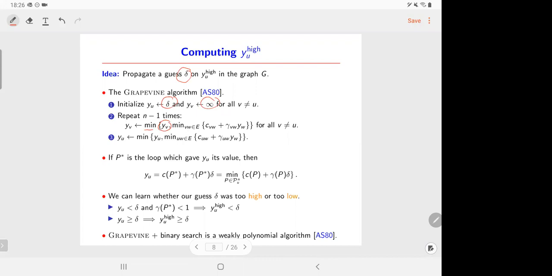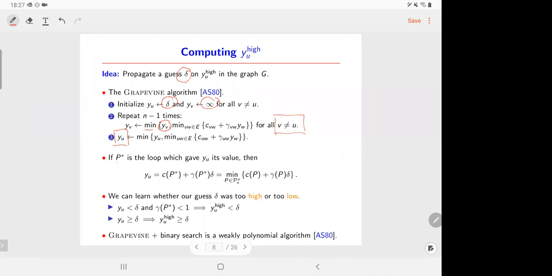The crucial thing to note here is that we only perform this update for nodes that are not U. And then at the last step, we update the label at U. So this is like a label correcting algorithm, because it continuously lowers the labels on your vertices.